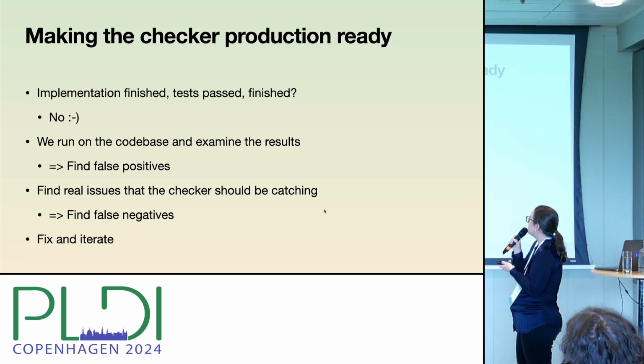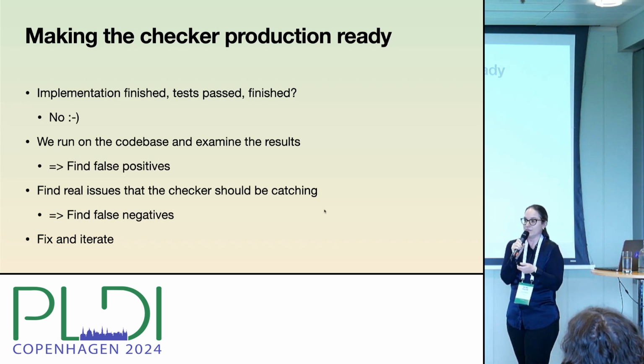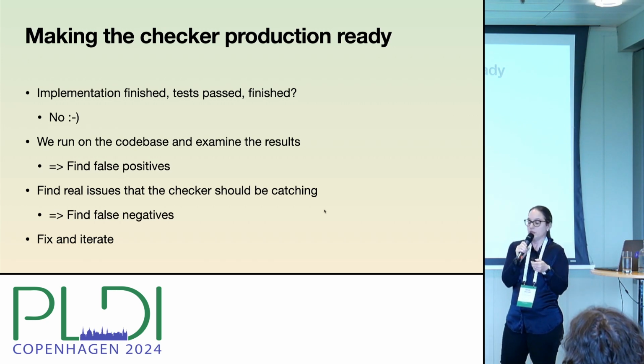And then this is the bit that is less fun but very important. So all the implementation is done and the tests pass with our small examples, but that doesn't mean we can ship it. It means we need to then start looking at real code. So we look at how the checker works in real code, and if it has false positives.